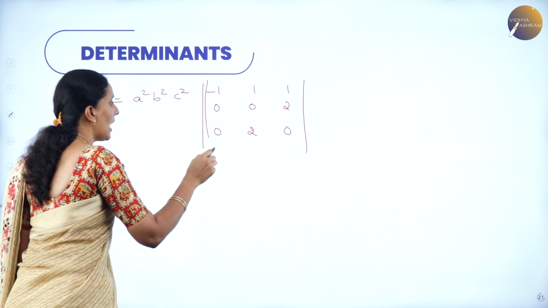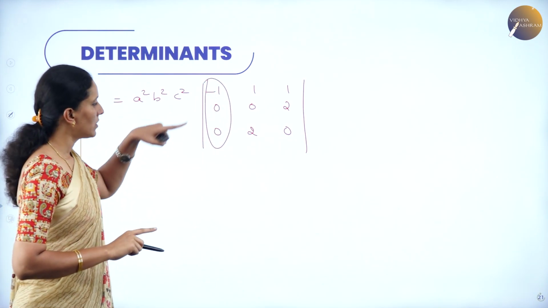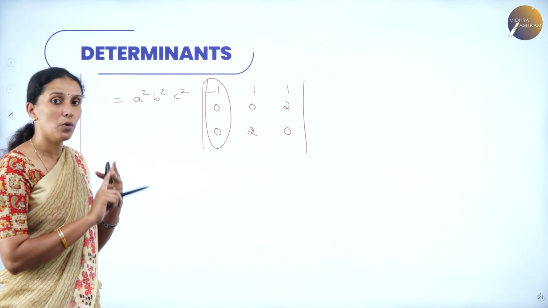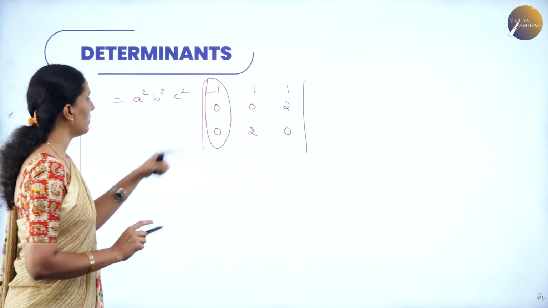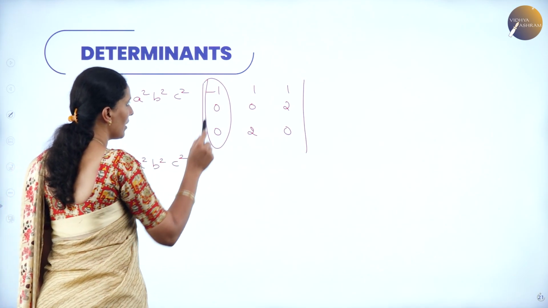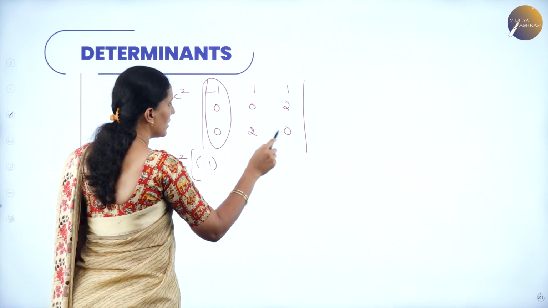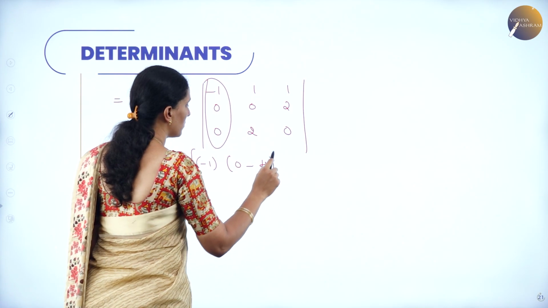Now expand with the help of a column here. Why? Because already two elements are 0. So expand the determinant along the row or column where the number of zeros is more, which we have learnt in the previous session. So let me expand it with this. So A square, B square, C square. Now here we have minus 1 into 0, 0 is 0, minus 2 2s are 4.